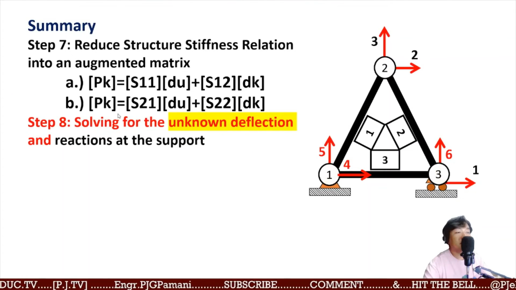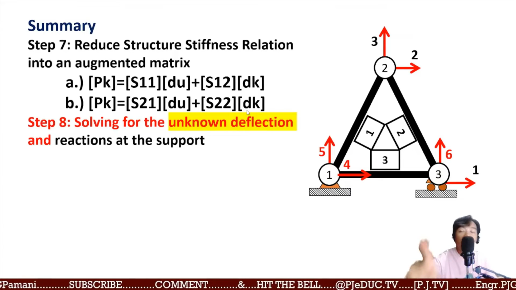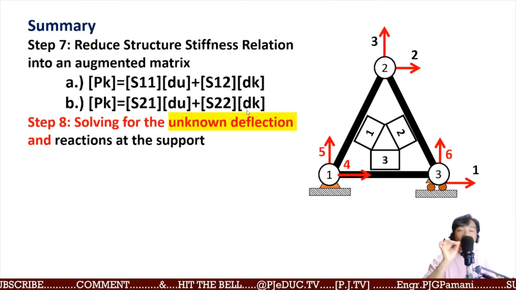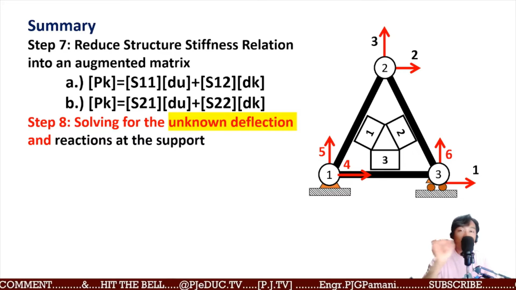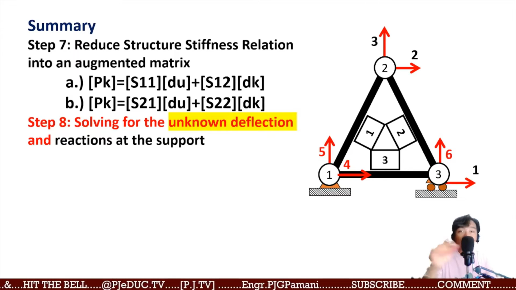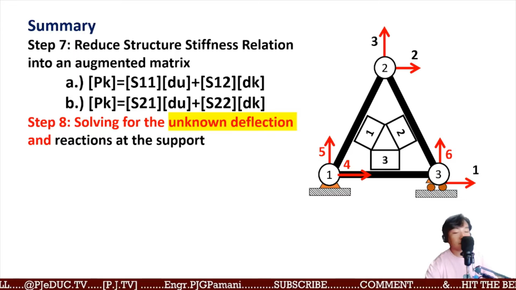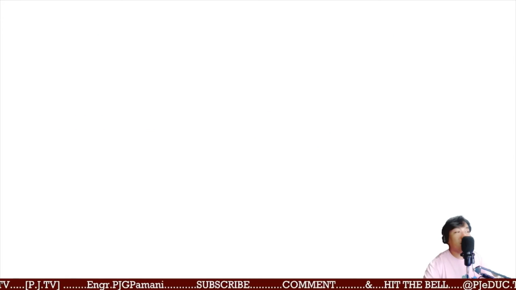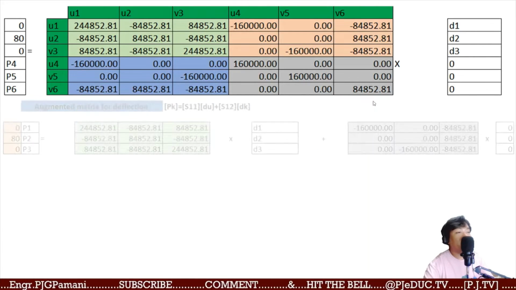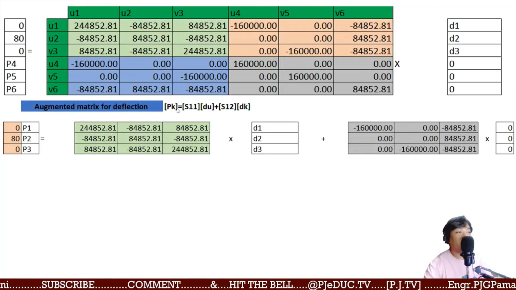Okay? First is for us to solve the unknown deflection. Remember, we are using the stiffness approach, where we first need to solve the deflection before the reactions. This is our formula: known forces P1, 2, 3 and unknown deflection.